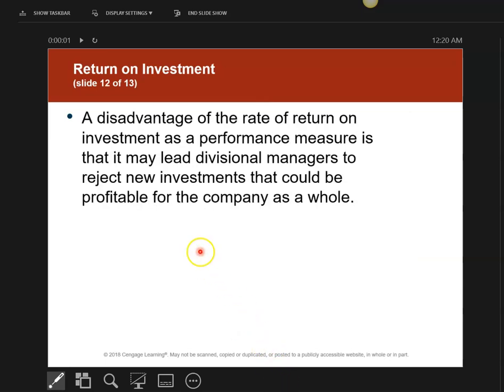The biggest disadvantage is that I might reject a new investment for my division because it doesn't meet my certain return on investments, but overall it could be better for the whole company. But if I'm doing it at the division level, I'll say no, it's not a good fit for mine, but overall it could be for the whole company.